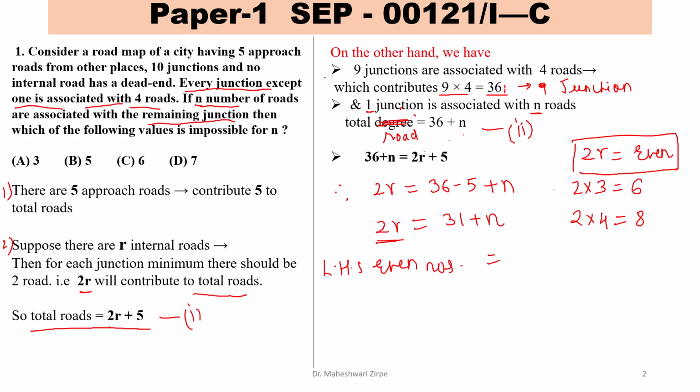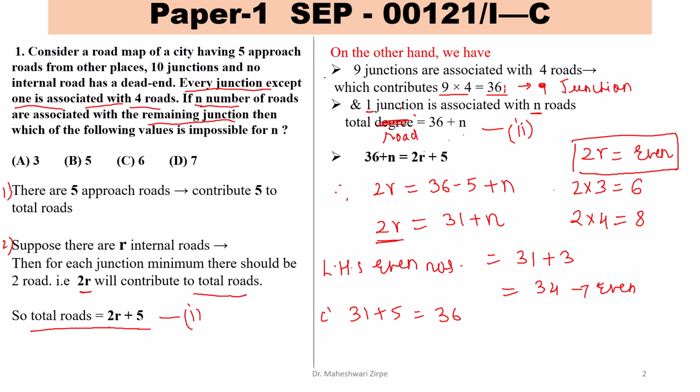Now let us see what should be the n value, because 31 plus n value, if it is out of these options whatever they have given here, if you add 3, what will you get? 34. That is even again, and we should get even, we are saying, correct? Next we will try with 31 plus 5, so it will be 36. Then let us try with 37.